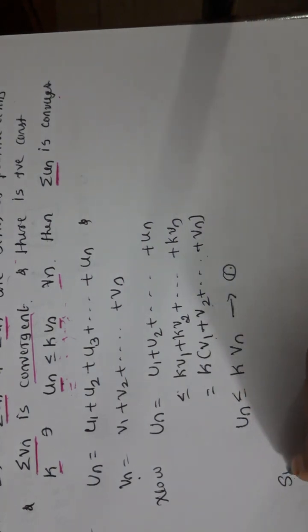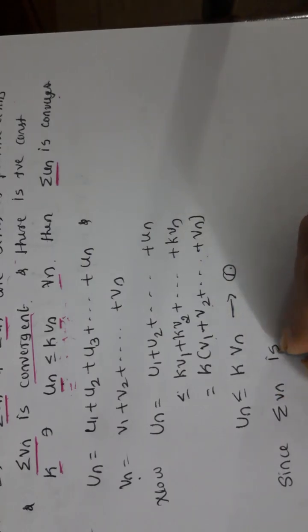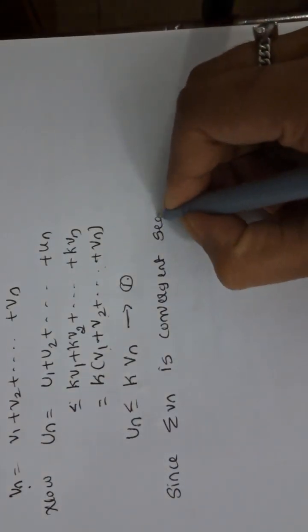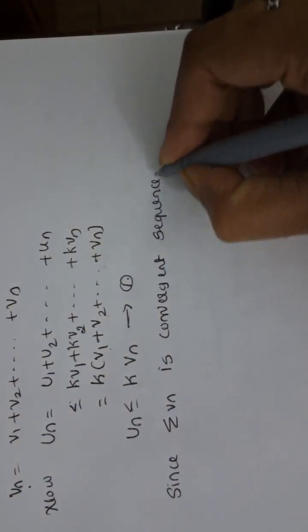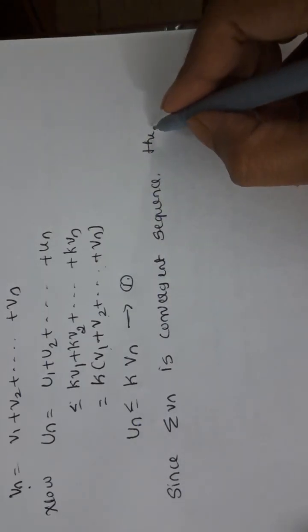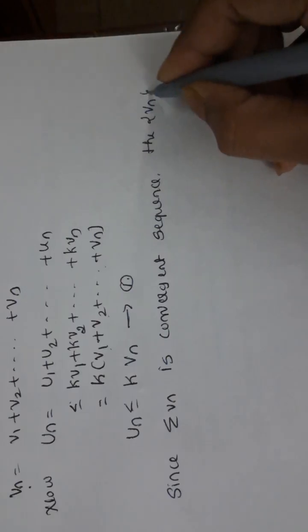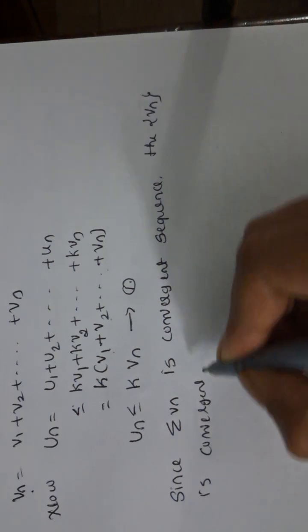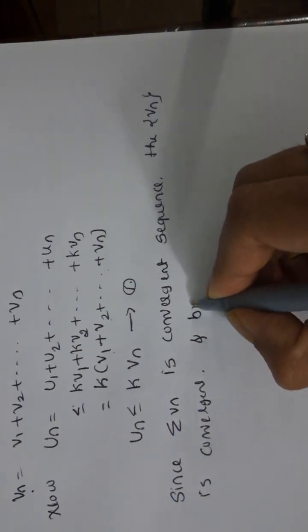Given that summation vn is convergent, this is given in the statement. Therefore the sequence vn is convergent, and hence it is bounded.